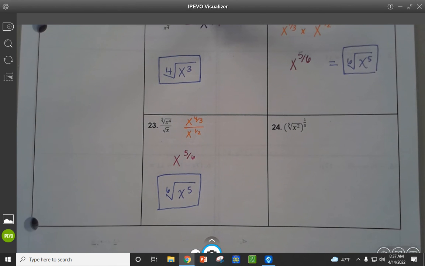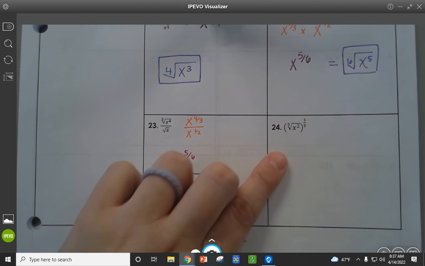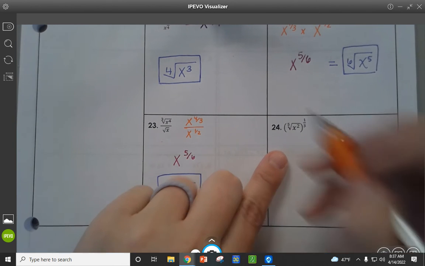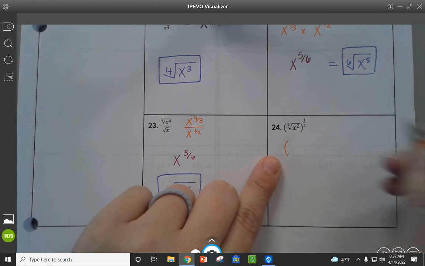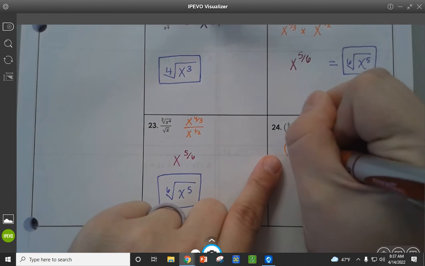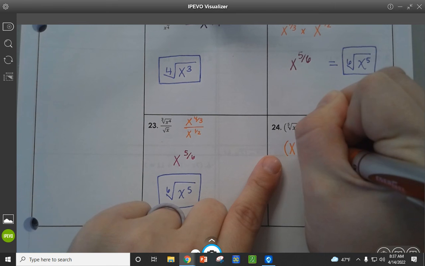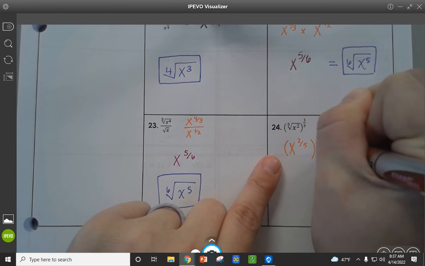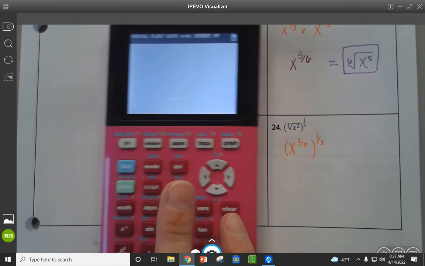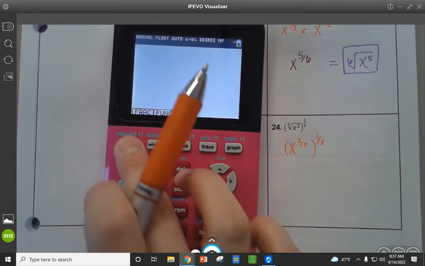And last question, number 24. How would we rewrite the fifth root of x squared? x to the 2/5 raised to the 1/3. So what do we need to do with those exponents? Multiply them.